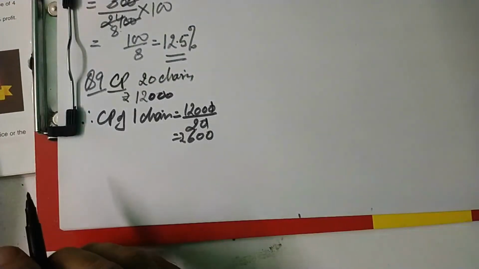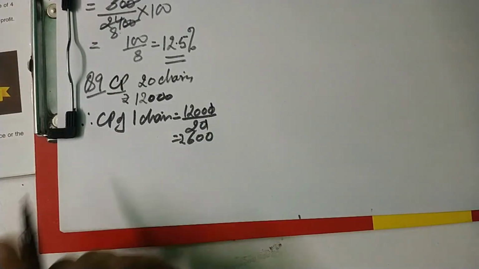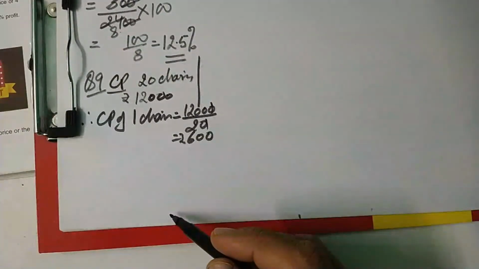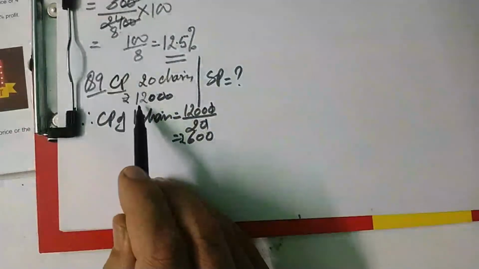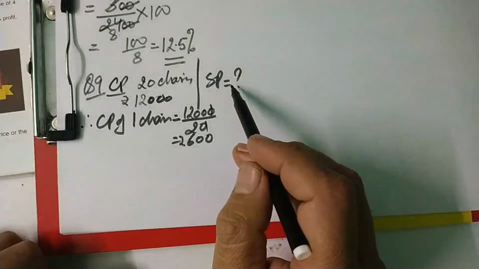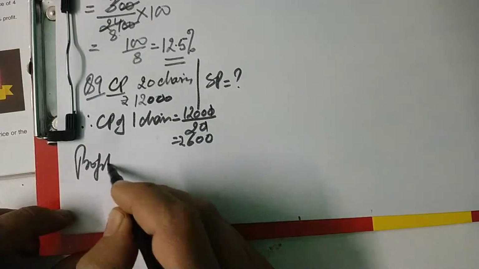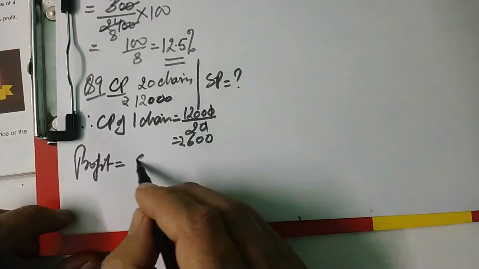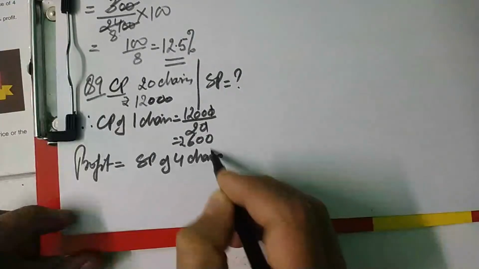Now he sold them and you have to find the selling price. So we don't know the selling price. The question says, what is the selling price of one chair? CP of one chair we know, it is 600 rupees. Selling price we don't know, but it is written he has made some profit. So what is the profit? Profit is equal to the selling price of 4 chairs.